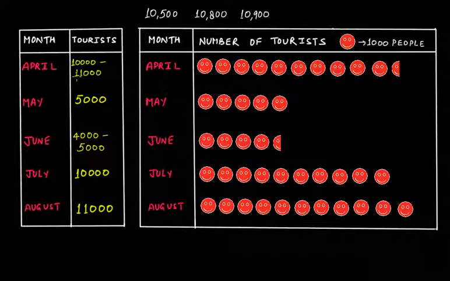So what's the best way? The best way is to say that the number of tourists in the month of April were more than 10,000 but less than 11,000, therefore they represent this range. Similar condition for this one, the tourists were more than 4,000 but less than 5,000, better to represent them in terms of range. So this was all about pictographs. Okay, what 3 conditions were discussed?